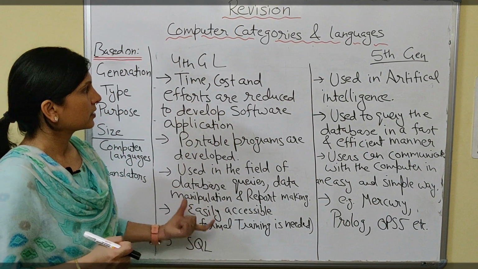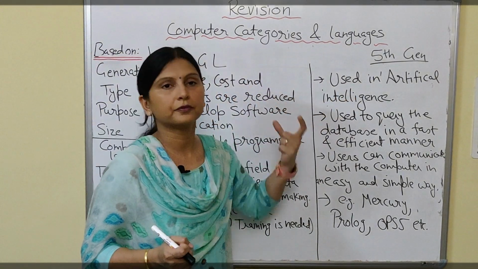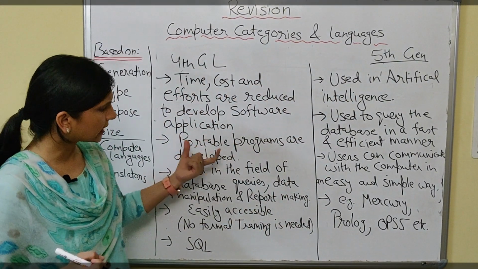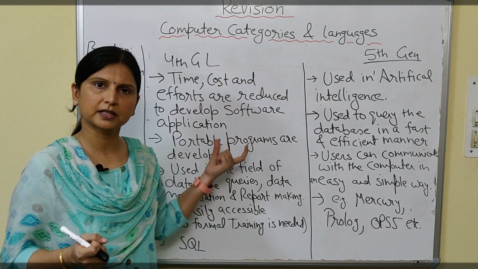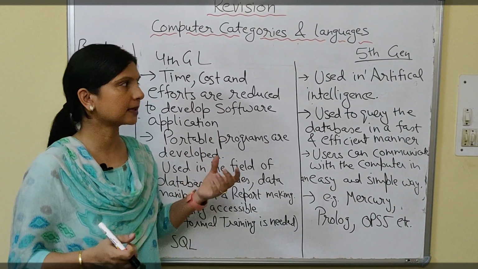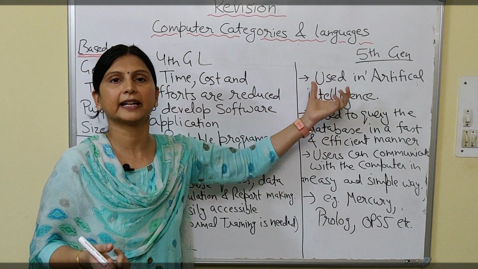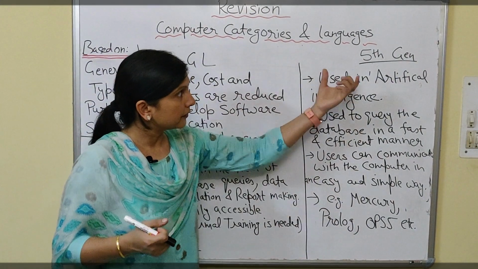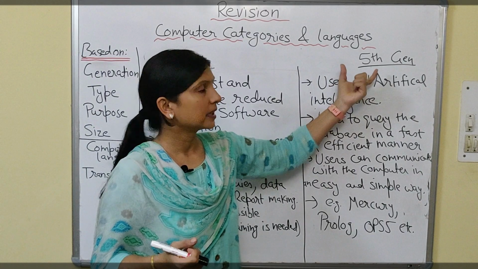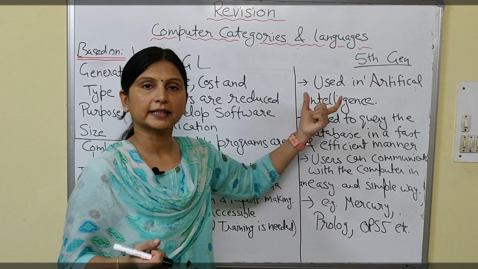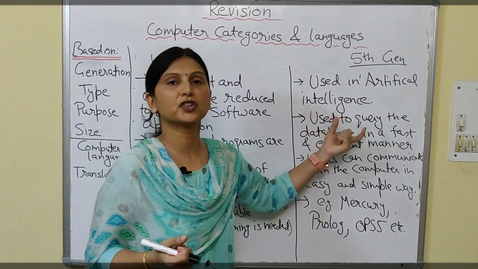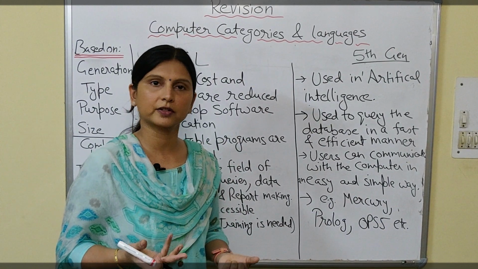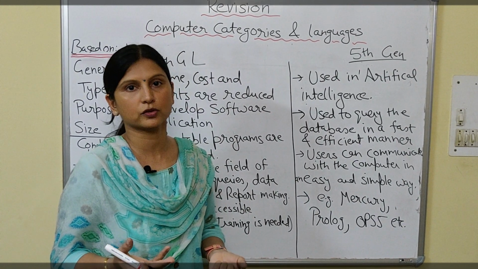Fine. So, now come to the fifth generation language. In a few books, artificial language also comes under fourth generation language, but in some books or on the internet, you will find that it comes under fifth generation language. The language used for artificial intelligence, the fifth generation language, we call the artificial languages also.